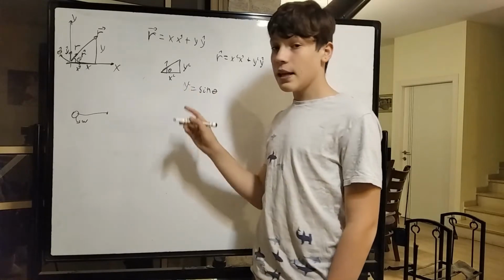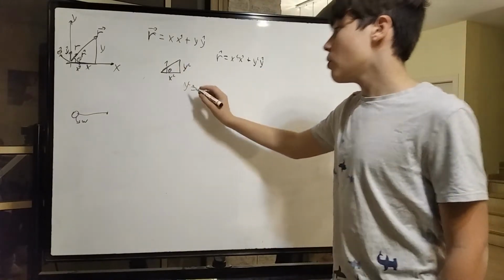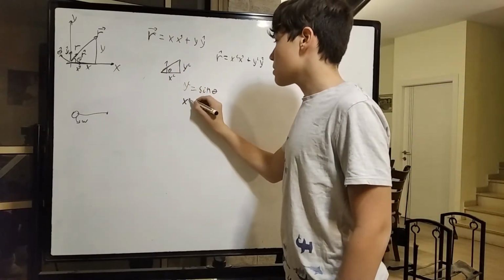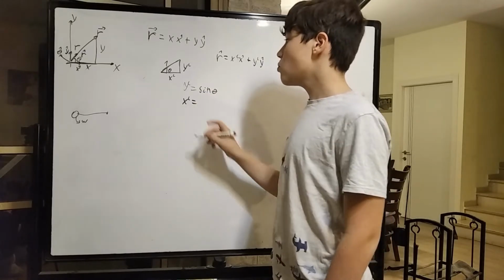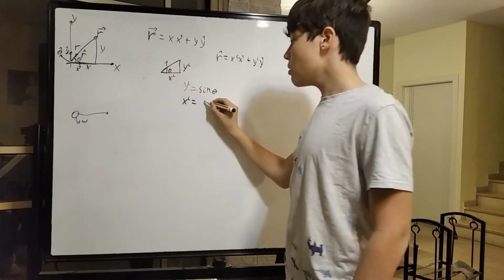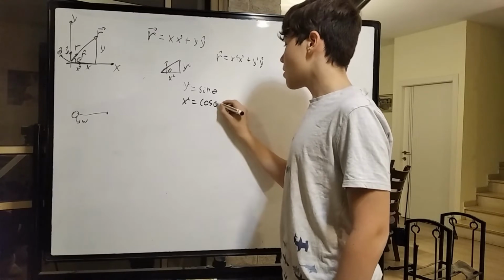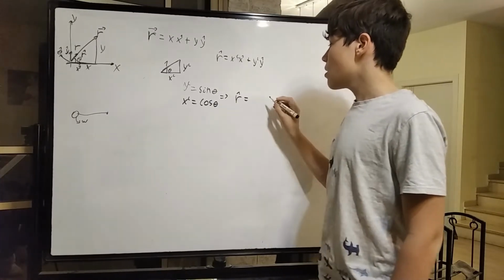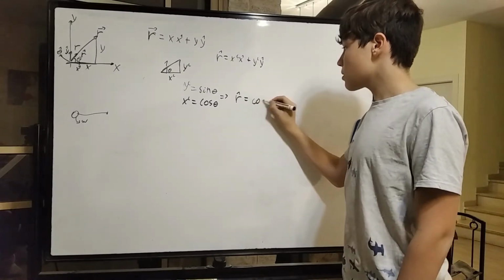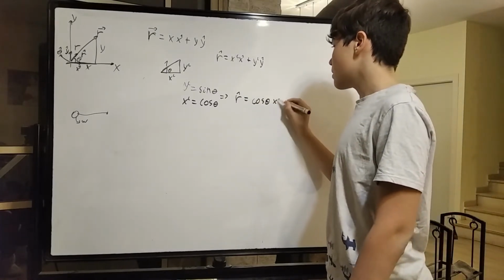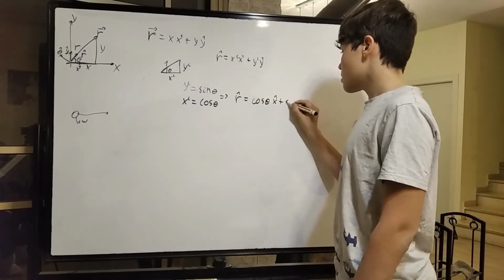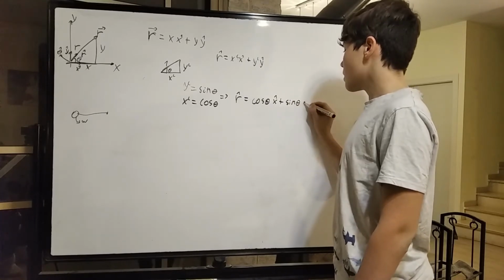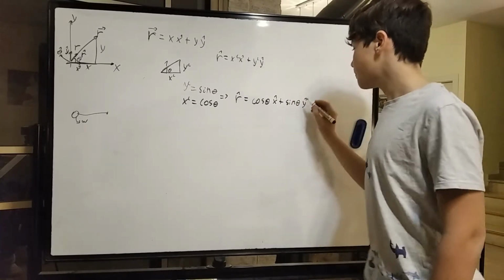And similarly, x prime over 1, which is x prime, equals the cosine of this angle, which is cosine theta. Meaning that our base vector r hat is cosine theta x hat plus sine theta y hat.